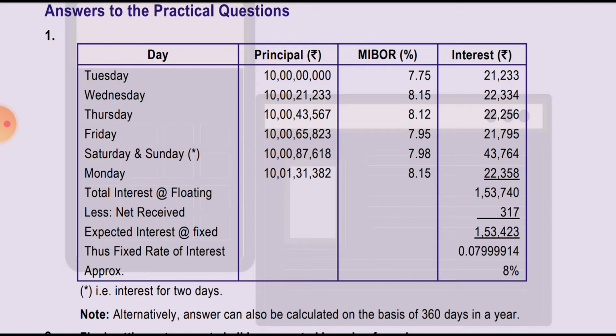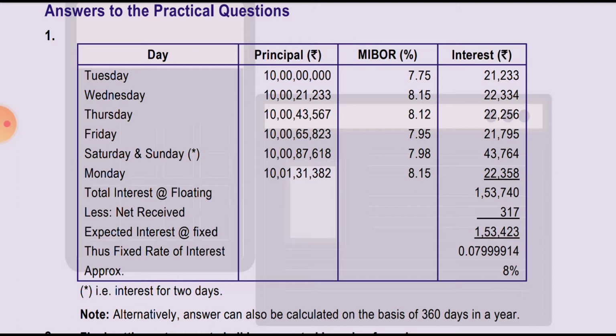Principal is 10 crore rupees, MIBOR rate is 7.75, and per day interest will amount to 21,233. How to calculate: 10 crore into 7.75 into 1 divided by 365. For 1 day, and the total days is 365, so into 1 divided by 365 you will get 21,233.